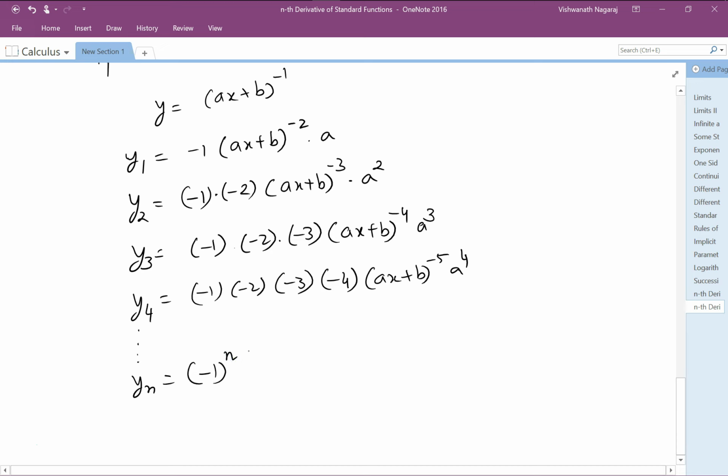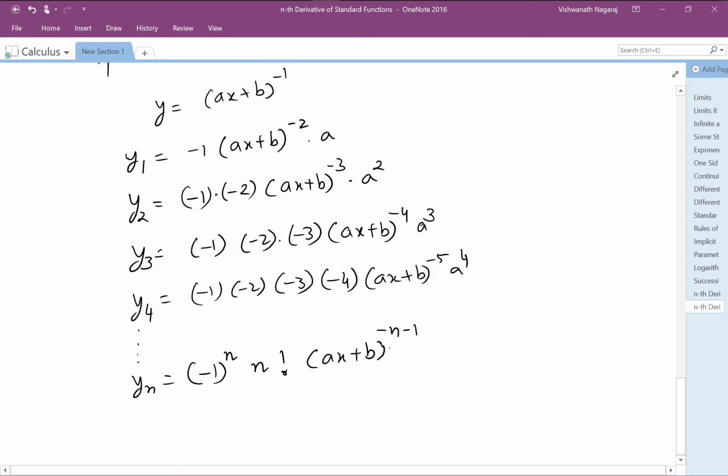Only the sign part. Now, if you look at this, 1, 2 factorial, 3 factorial, 4 factorial. So which means n factorial, (ax plus b). Now what will this be? m is minus 1 and n is 4. If I say m minus n, so minus 1 minus 4 gives me minus 5. Minus n minus 1.